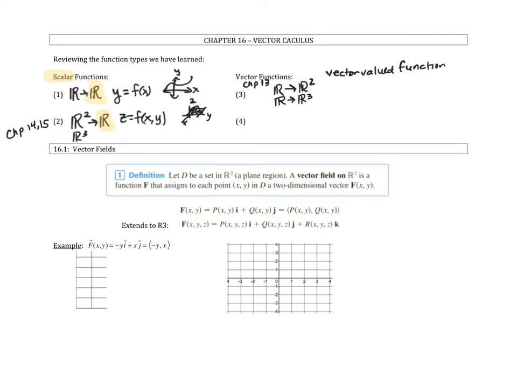But the point is that we put in a real number and we got out a vector, either 2-dimensional or 3-dimensional. And the graph with that would be either a 2-dimensional or 3-dimensional curve in space.